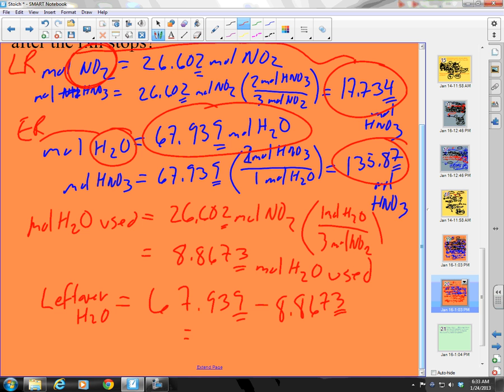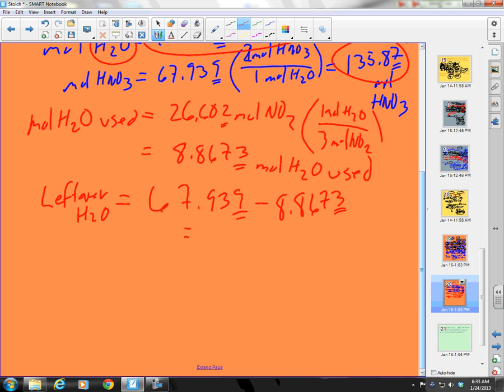And what do we get? 67.939 minus 8.8673, and I get 59.0717, but I could only be significant to the thousandths, so it's right here. So it's 59.072 moles of H2O left over.